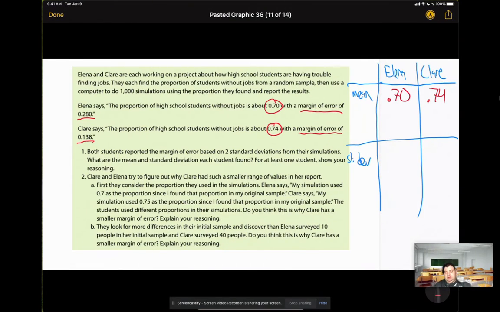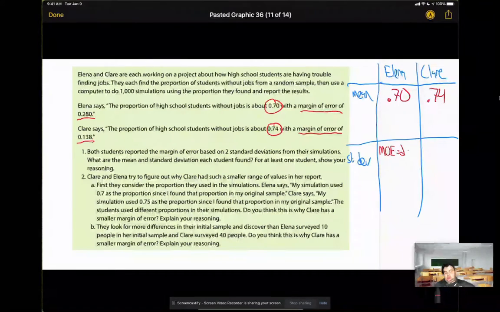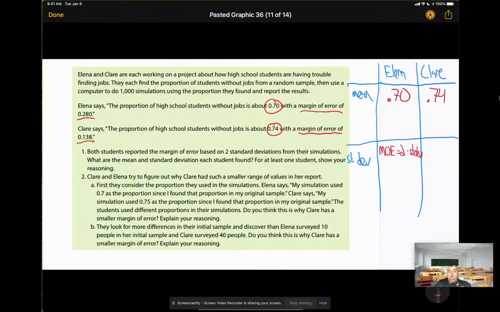So remember, in a previous lesson, we learned to find the margin of error. We're going to do 2 times the standard deviation. So in this case, the margin of error is 0.280. So that's going to be equal to, for Elena, 2 times whatever the standard deviation is, and I'll just denote it x in this case.